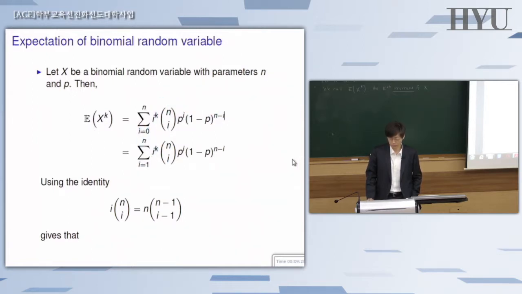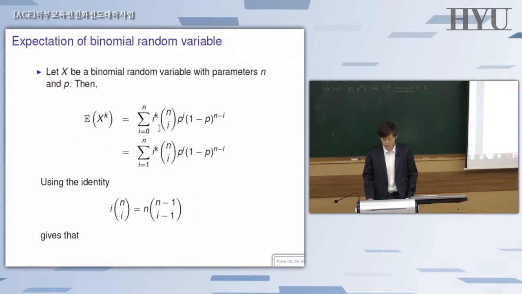Where does this one come from? Why on earth can this simple notation, the expectation of x to the kth, be expressed in this rather messy form of a partial sum with this rather complicated looking summand, which involves i, k, n, p, and 1 minus p?